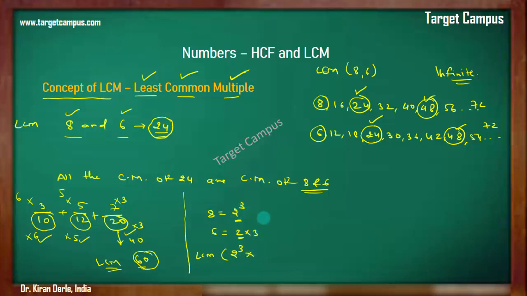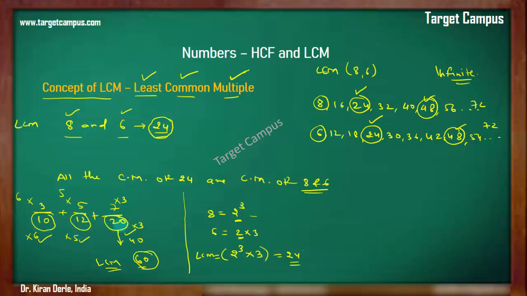And all uncommon factors. So here we don't have anything. Here 3 is uncommon. So this should be LCM. This is nothing but 8 into 3, that is 24. I hope you are getting this point. Right? So using factorization, take all the common factors and highest power of common factors, right? And uncommon factors as well. I hope this is clear.